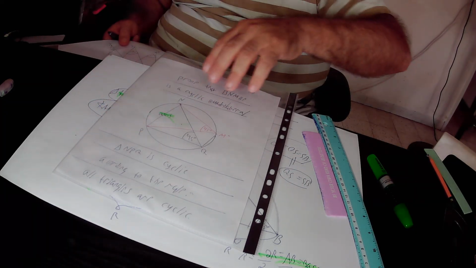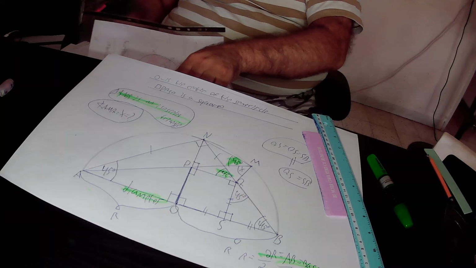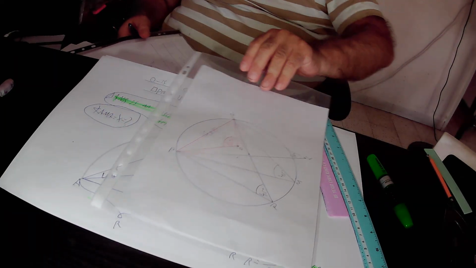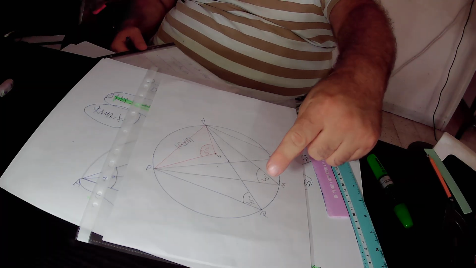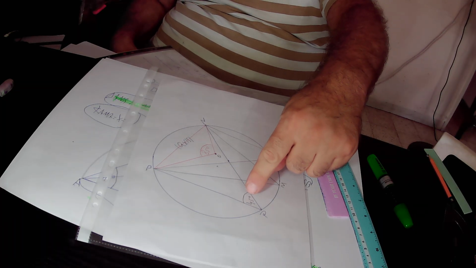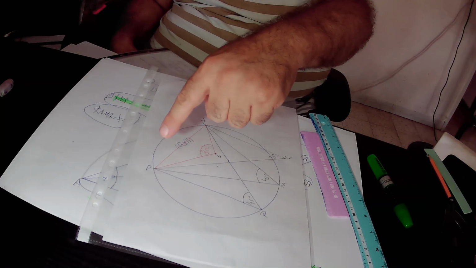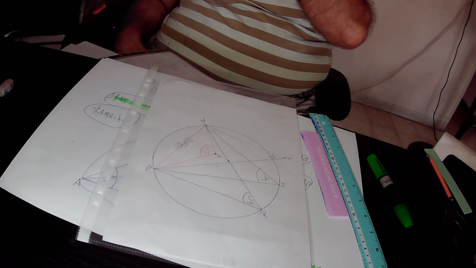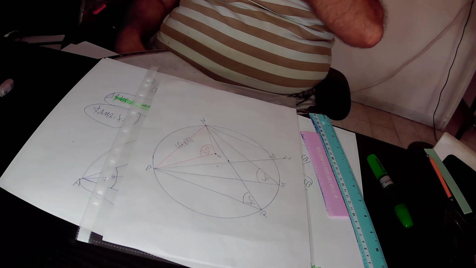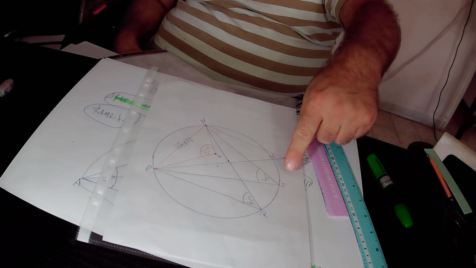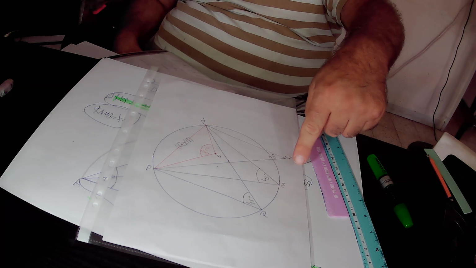So we have here those peripheral angles that subtend on the same chord NP. The vertices of those two peripheral angles are on the circle itself.